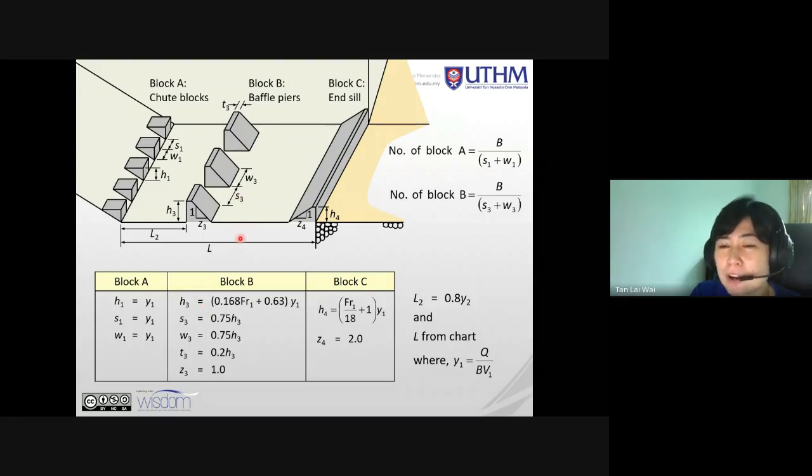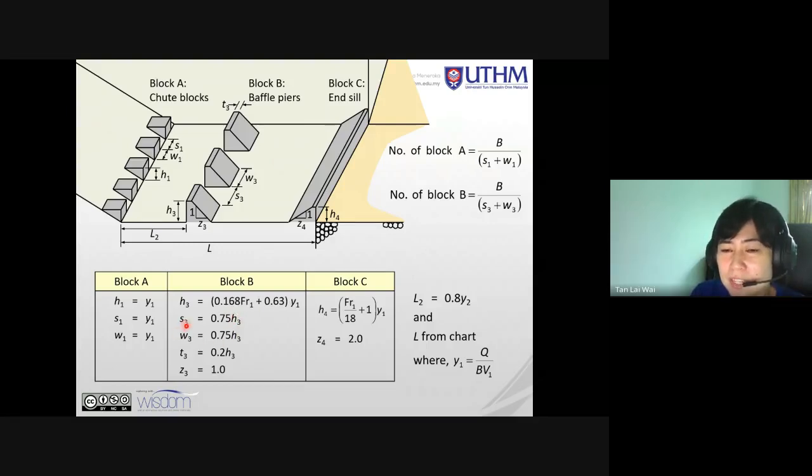Of course, you initially have to analyze to get the depth of flow on the spillway. Y1 is on the spillway, and Y2 is after the stilling basin. So the Froude number 1 is based on Y1. Once you have Froude 1 and Y1, you can calculate the height of block B. Then once you have H3, S3 and W3 are the same, which is 0.75 of H3.